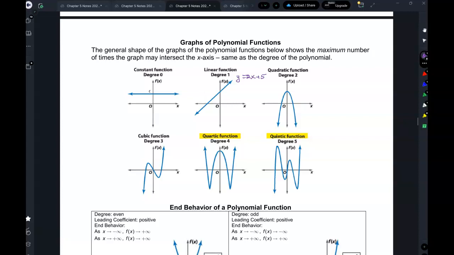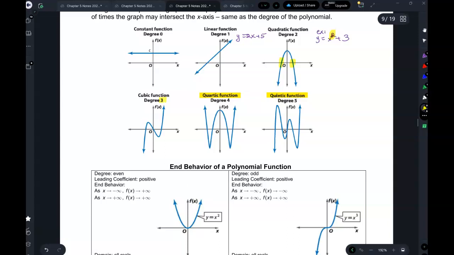If you have a degree of 2, so for example, y equals x squared plus 3, the degree is 2, it crosses the x-axis 2 times. If you have a degree of 3, it crosses the x-axis 3 times.